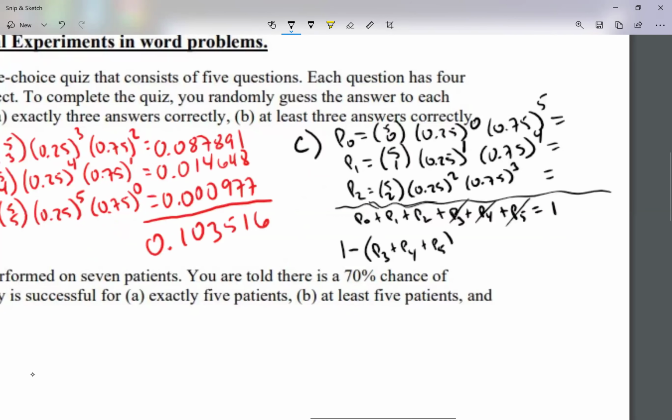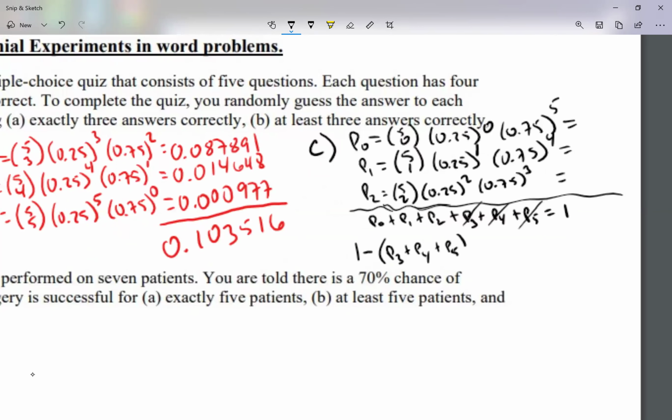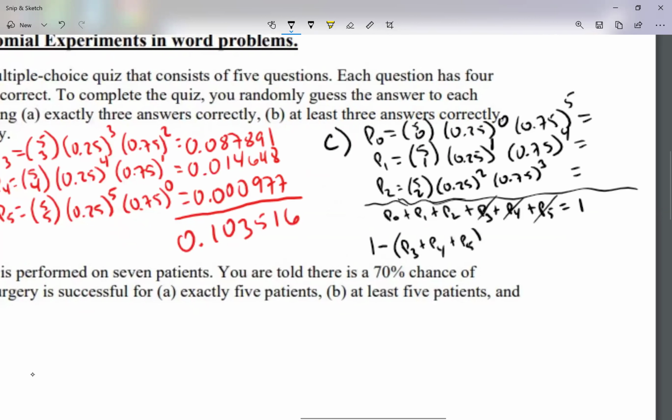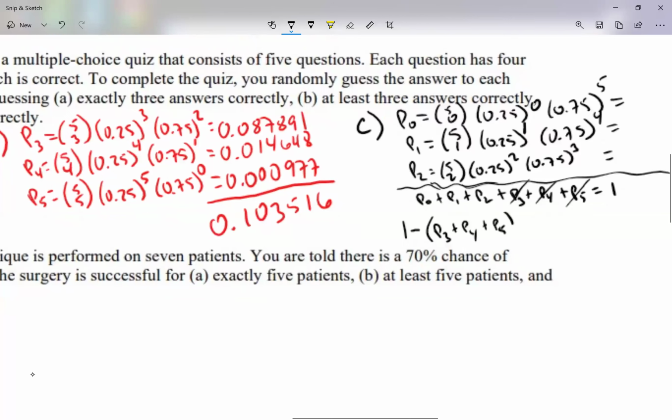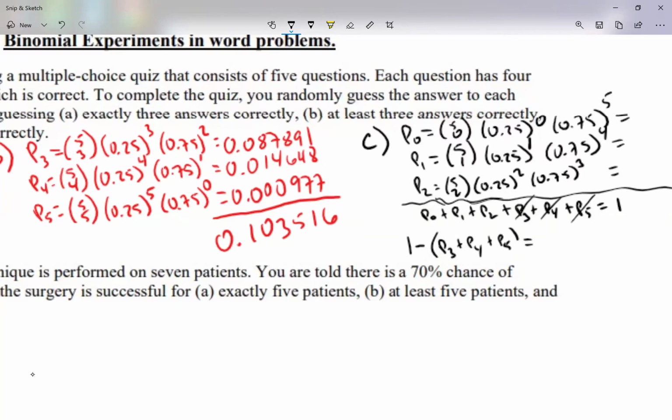I'm going to show you guys the 1 minus. Because we could have done that at the top, find the probability of 0, probability of 1, probability of 2, and add them up, and you're done. However, I can also do this other method. I can do 1 minus the probability of 3, probability of 4, probability of 5. I know this is basically asking what is 1 minus 0.103516.